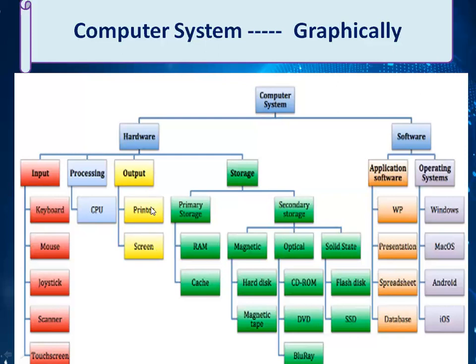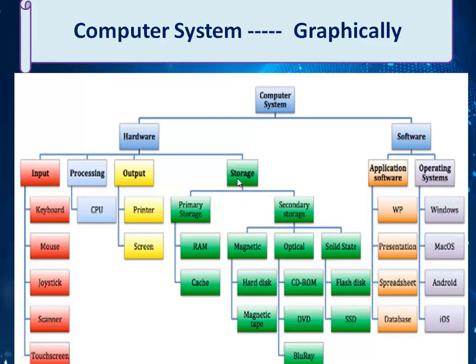Hard copy output devices are printers and plotters, which are used to print pages, and soft copy output devices are the screen or monitor, sometimes called visual display unit, VDU. It is used to display your result on the monitor screen.